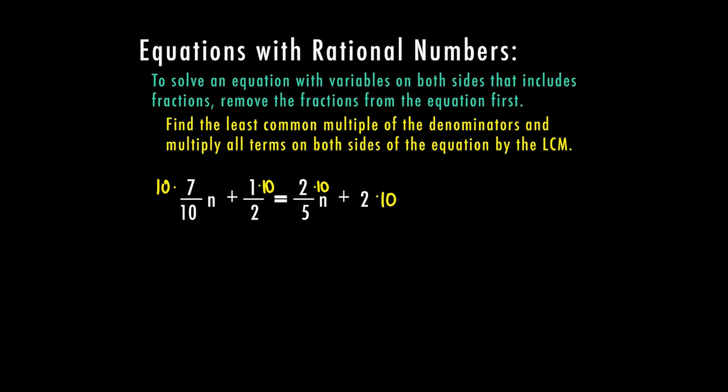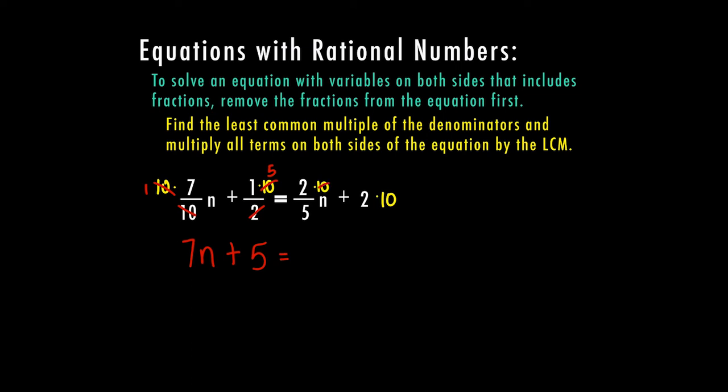So what this is going to do is get rid of all of our denominators for us, but we do have to do a little bit of math in the meantime. If you remember, 10 divided by 10 equals 1, and 1 times 7 is 7, and then I still have an n there. Then I'm going to add 10 divided by 2 is 5, and 5 times 1 is 5.